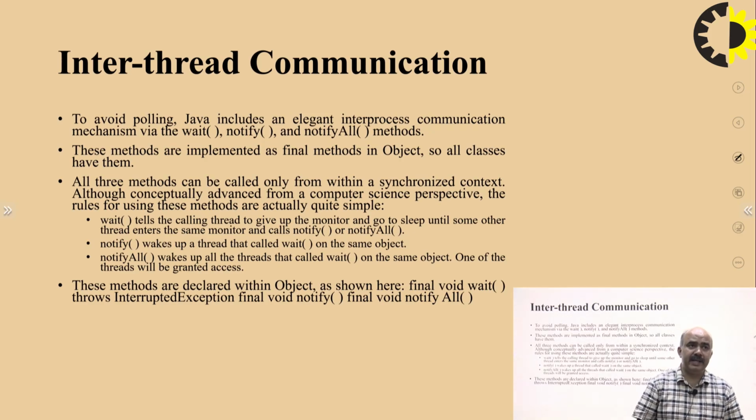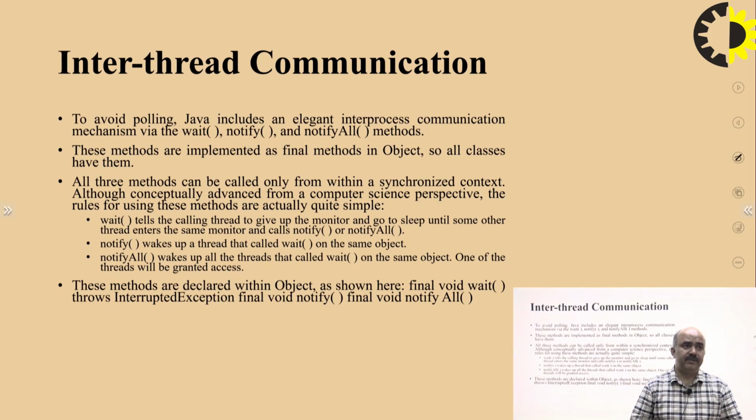In Java, whenever threads are created, we can use the wait, notify, and notifyAll methods. These are final methods of the Object class, and all three can be called only from within a synchronized context.